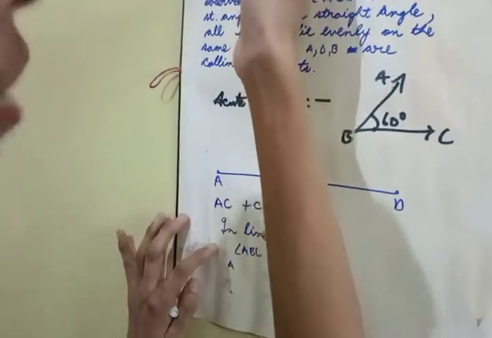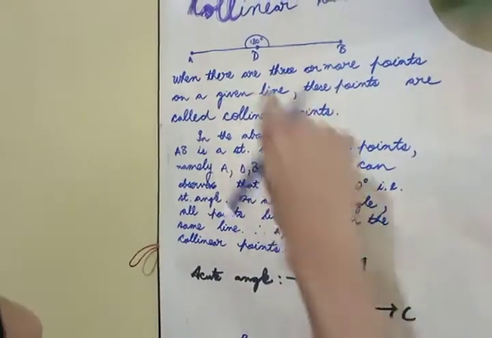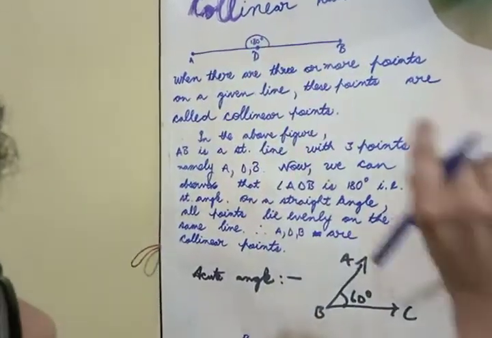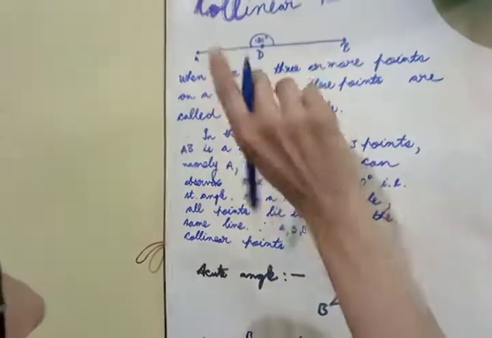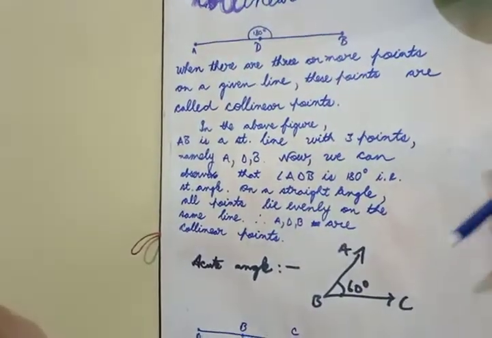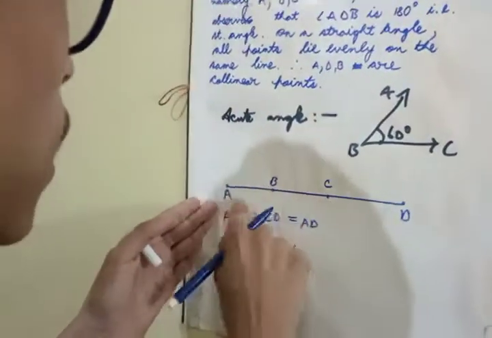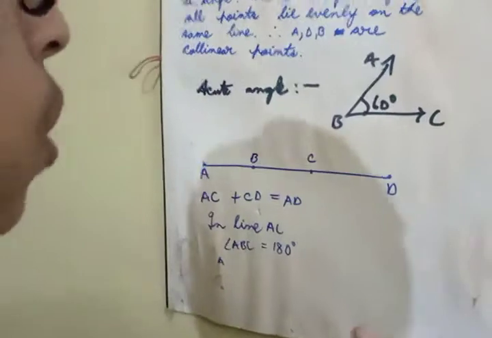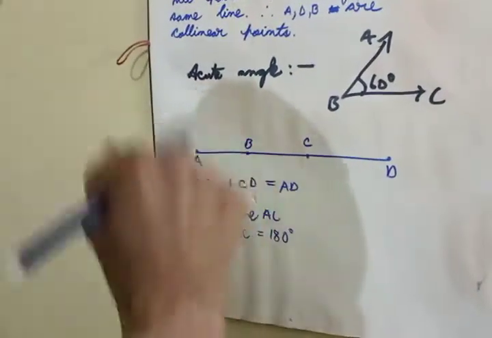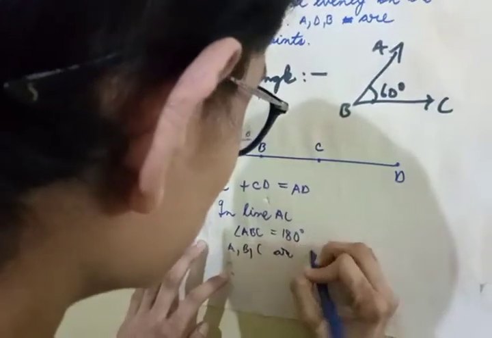As I have mentioned in the above figure, 3 points lying on the same line forming a 180 degree angle at a particular vertex, that is here it is D, are collinear points. Same in this line also, A, B, C lie evenly next to each other, forming a 180 degree angle at B. So A, B, C are collinear points.